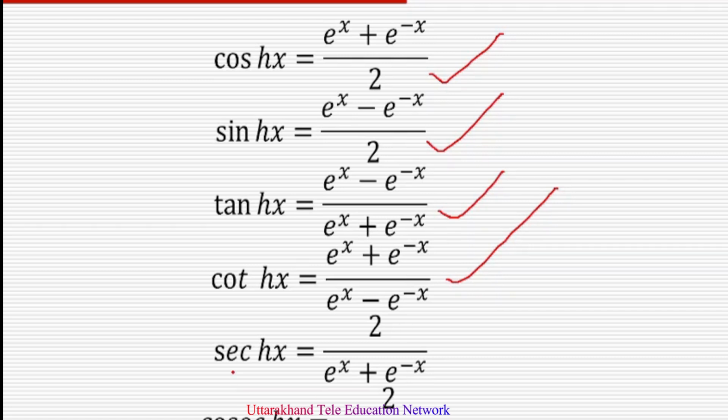Hyperbolic sec x is defined as 1 over hyperbolic cos x, so that is 2 over e raised to power x plus e raised to power minus x, and hyperbolic cosec x is 1 over hyperbolic sin x, that is equal to 2 over e raised to power x minus e raised to power minus x.